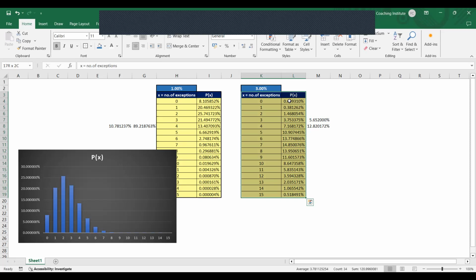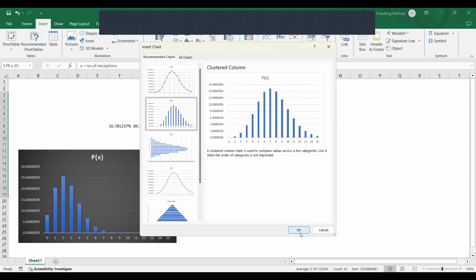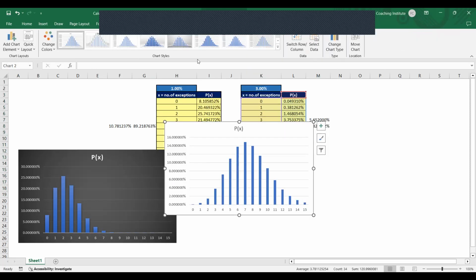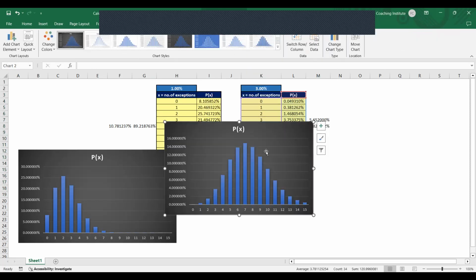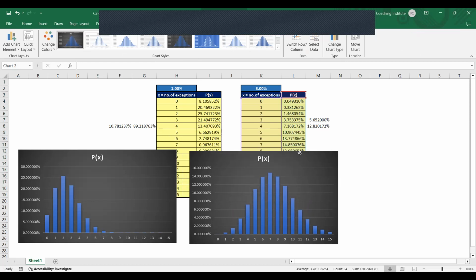If you plot this also, something similar may occur. If the number of exceptions is dropped, this is what you will see. Okay, so this was an Excel thing. That was a very easy thing.